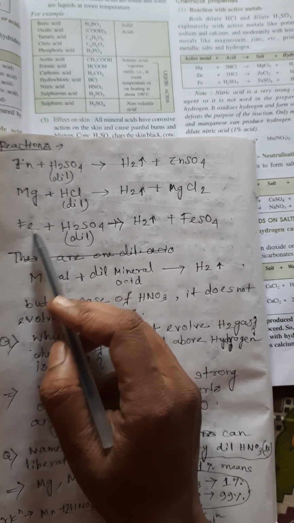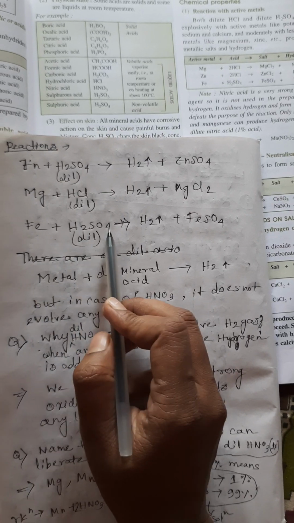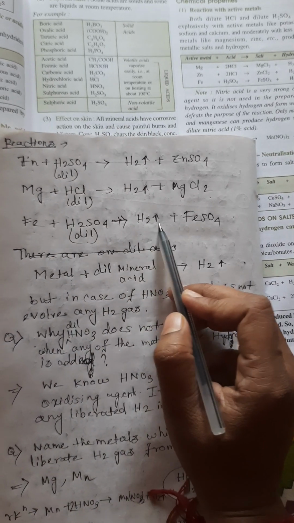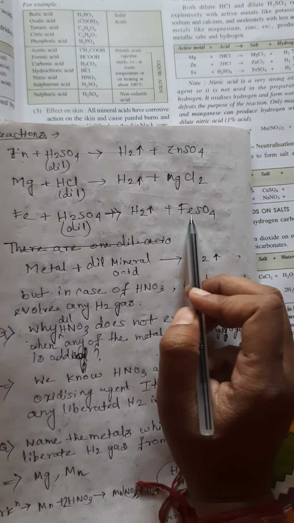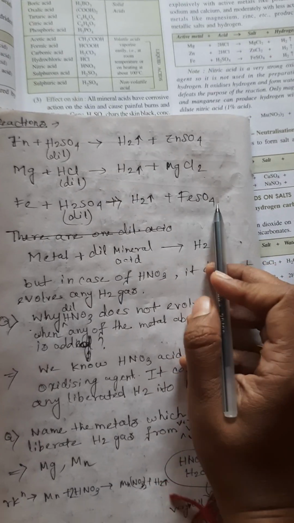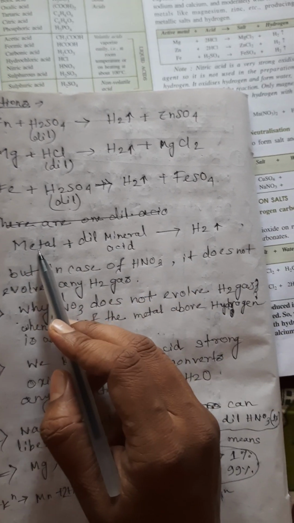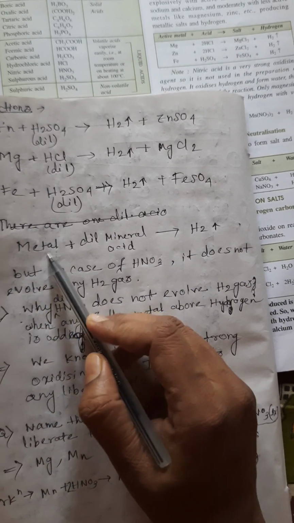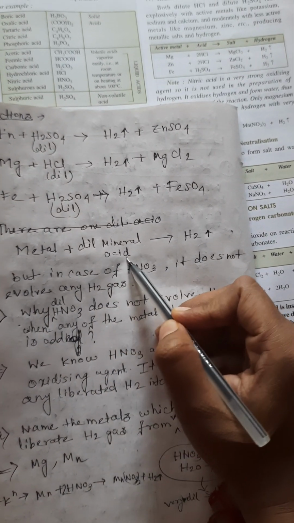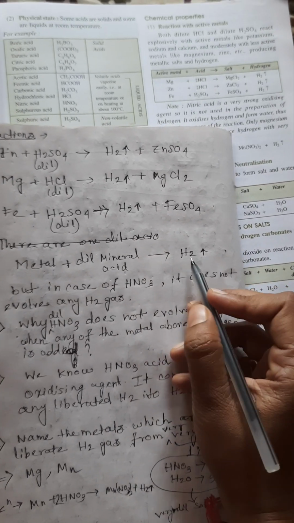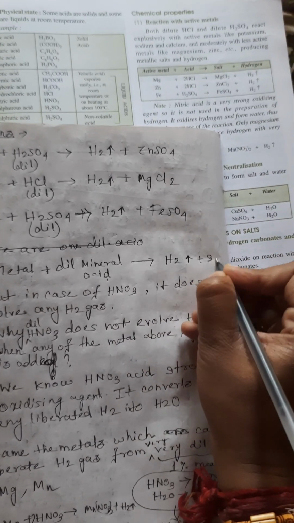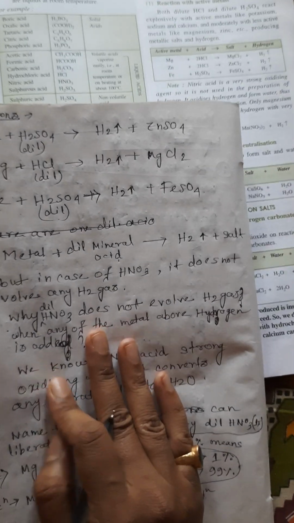When iron reacts with dilute sulfuric acid, hydrogen gas is liberated and ferrous sulfate is obtained as a salt. So the general reaction: when a metal reacts with dilute mineral acid, it liberates hydrogen gas as well as a salt.